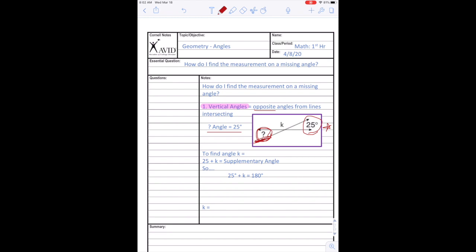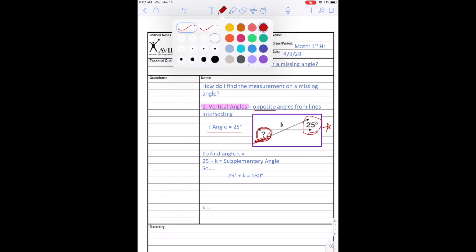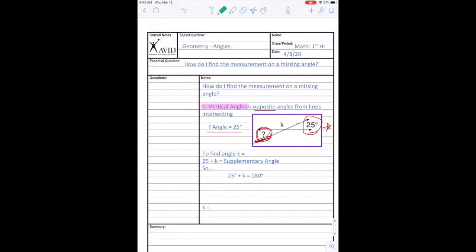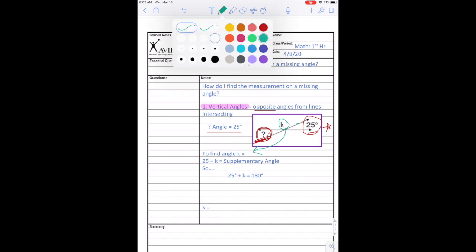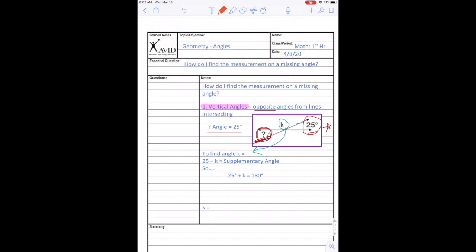Now the one that we have to figure out is this last one, which is angle K. And we're going to figure it out down here. So to find angle K, I know the first thing, and I'm going to make this a little bigger, is that if you see here, this is a straight angle.